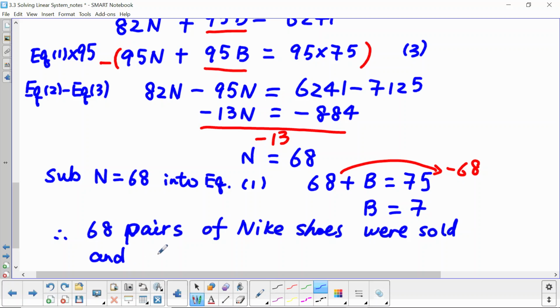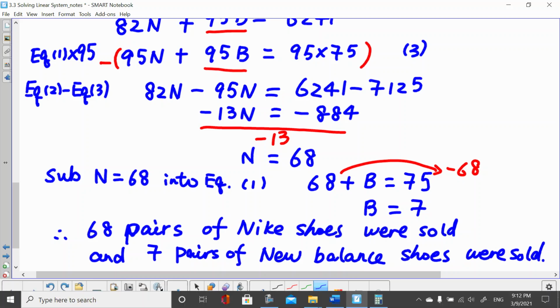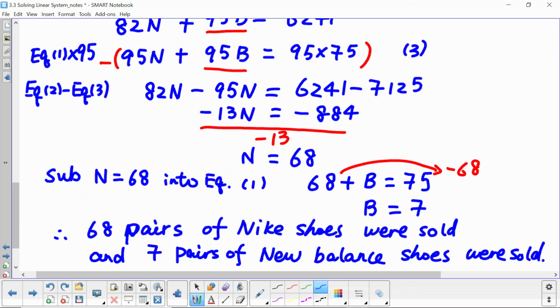And 7 pairs of New Balance shoes were sold." So then that is done. So go back and check.